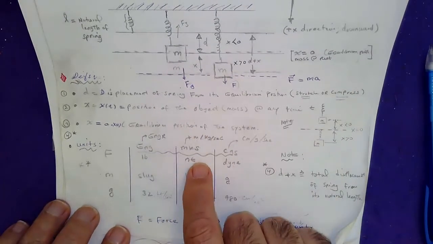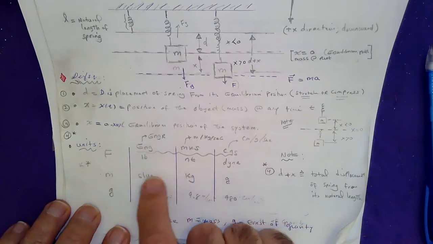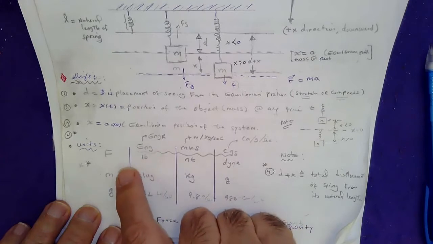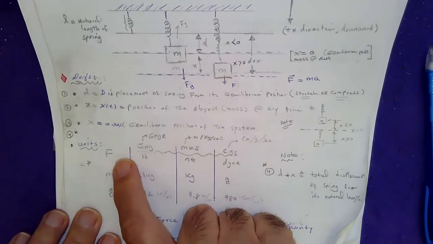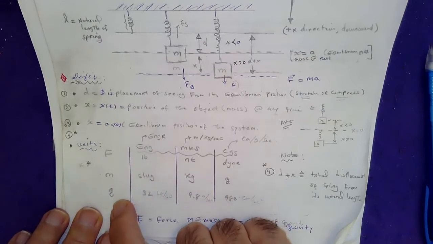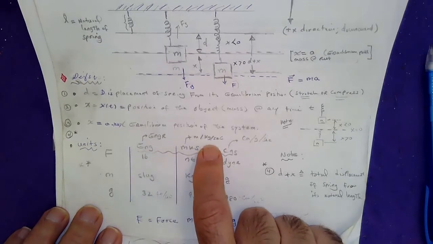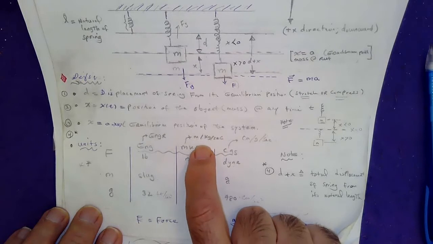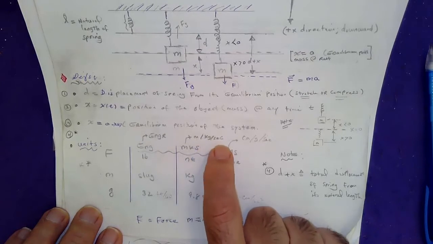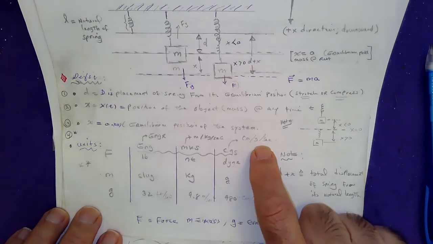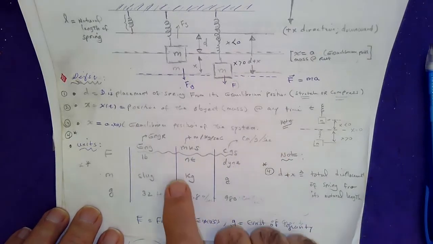Before we go over some problems, let's quickly review the units. You can have units of force, mass, and gravity in the engineering system, in MKS, which stands for meter, kilogram, seconds, and CGS, which stands for centimeter, gram, seconds.